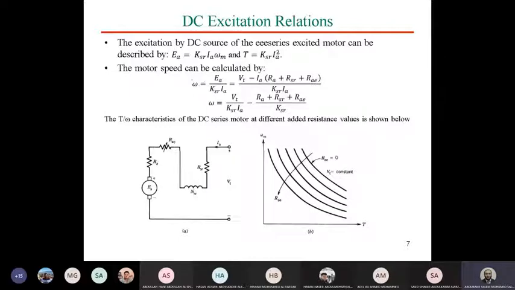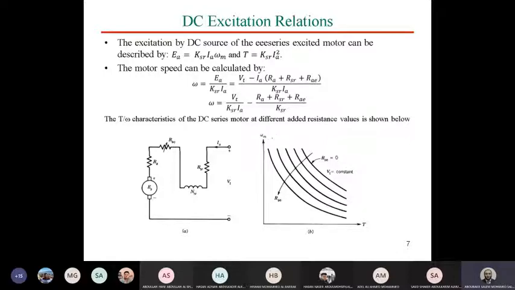And you already know the relation also of omega, which is the motor speed, which is E over K series IA. And if we have a rheostat in series with the armature and series windings, so the relation will be omega equals Vt minus IA multiplied by the total resistance divided by K series IA. So this is now, shabab, the relation of omega.